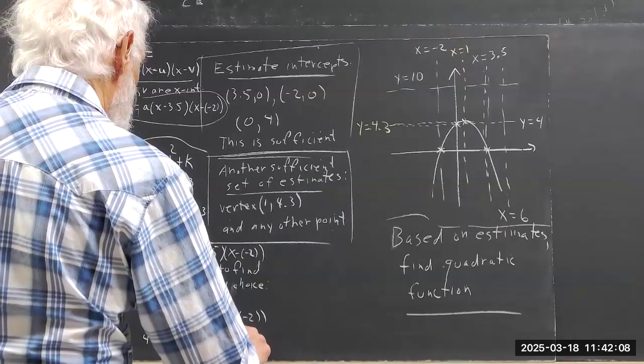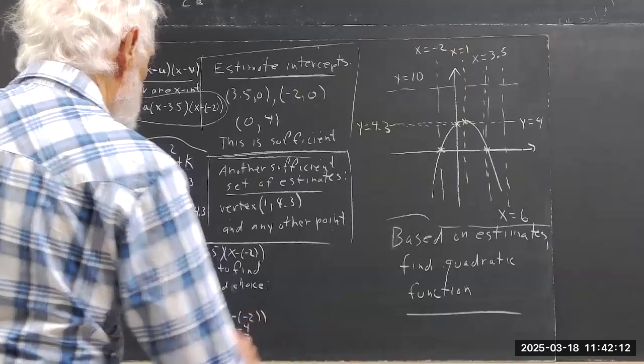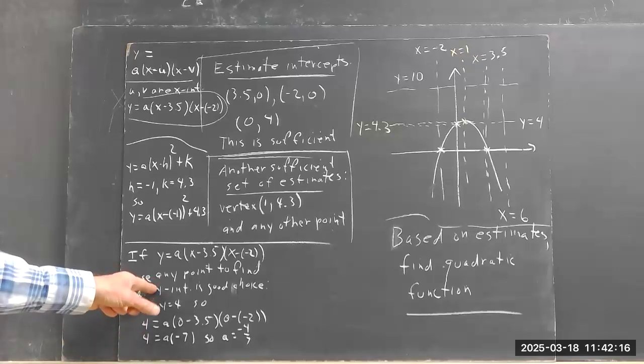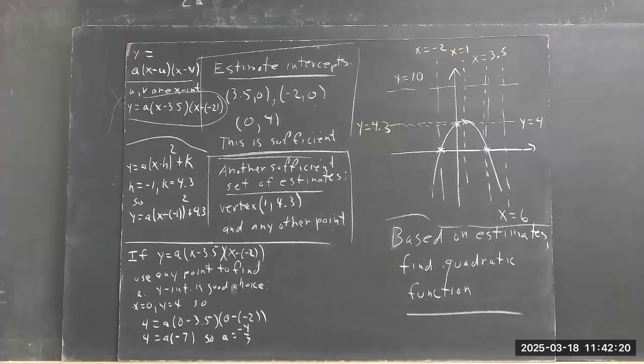So A is -4/7. Actually, how easy is that step? So easy I didn't even explain the details because you can do those details. Okay.